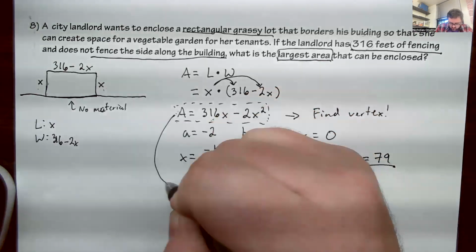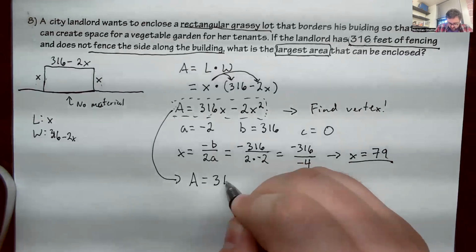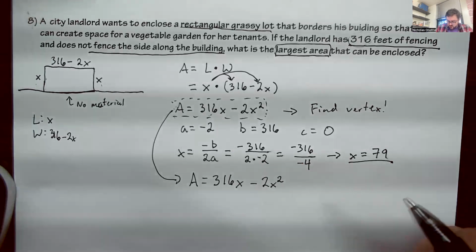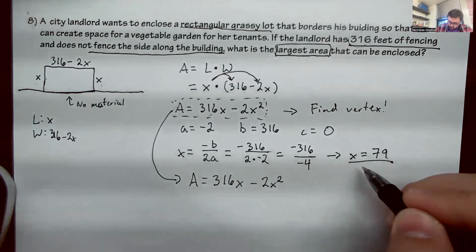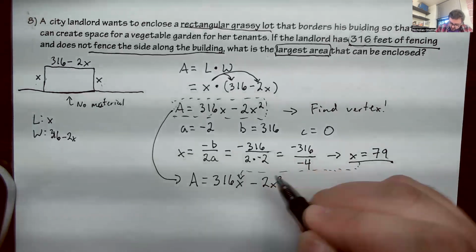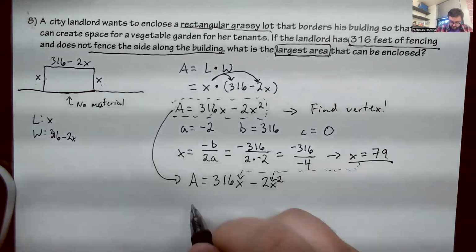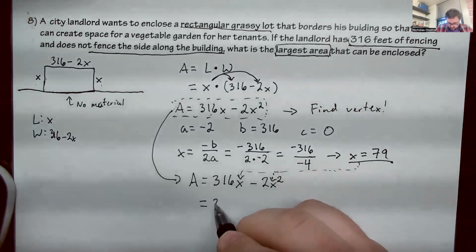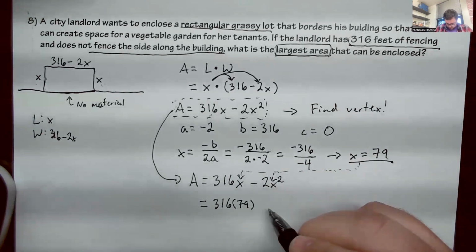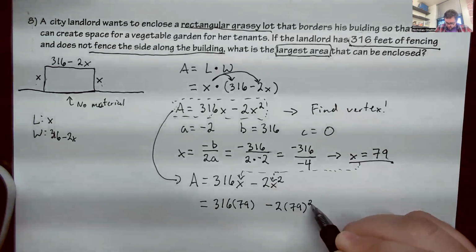So we can take our equation, A equals 316x minus 2x squared, and replace x with 79, with whatever value we calculated. So this will be 316 times 79 minus 2 times 79 squared.